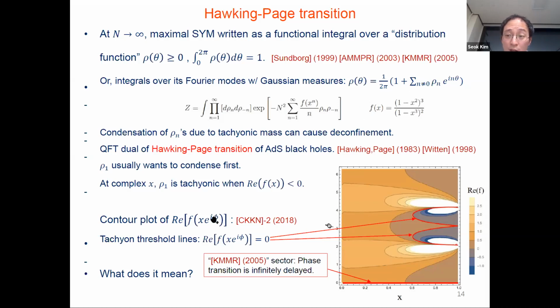If you don't turn on the phase, the index is macroscopic, but the smearing appears severely, so that the tachyonic direction, or the transition temperature, has been infinitely delayed all the way to infinite temperature. But if you turn on the phase in a clever way, you approach a certain region like this, and x approaches this threshold temperature, and you suddenly enter into a tachyonic region. So a similar tachyonic condensation could be expected.